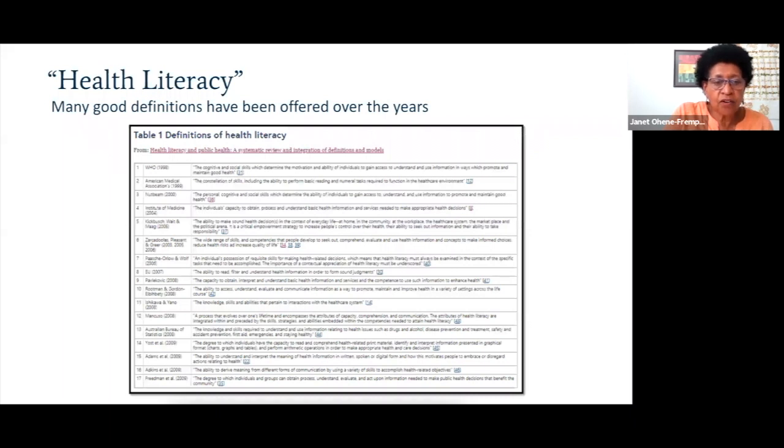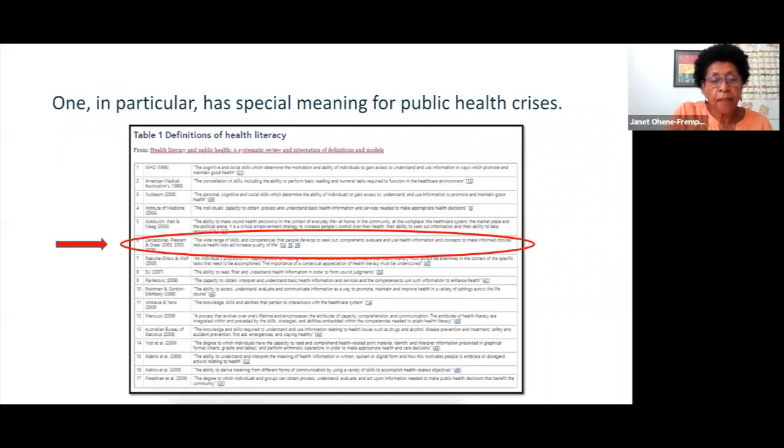Now, over the years, there have been many, many good definitions of health literacy that have been offered. This is a list of 17, and this is only as of 2009. There have been more since then, okay? But in 2005, there was one very interesting definition that has always stood out, at least with me.